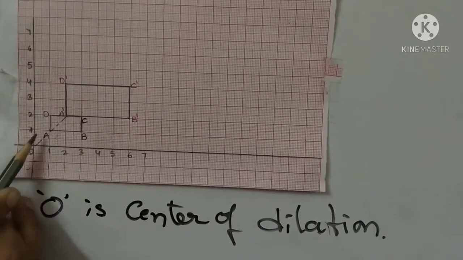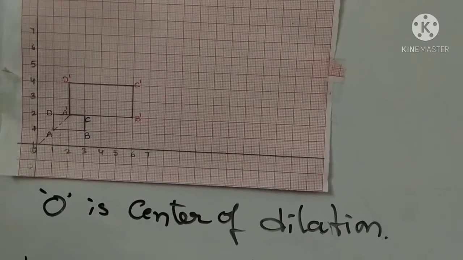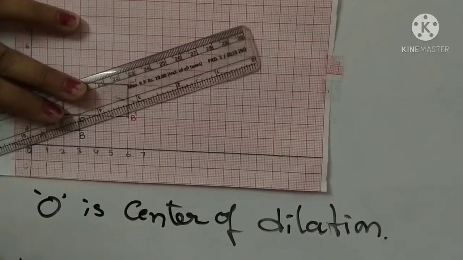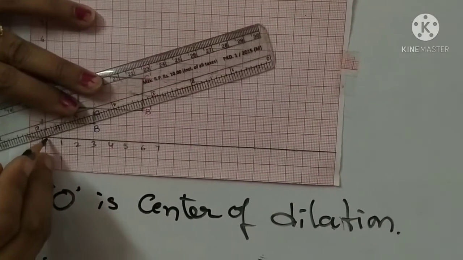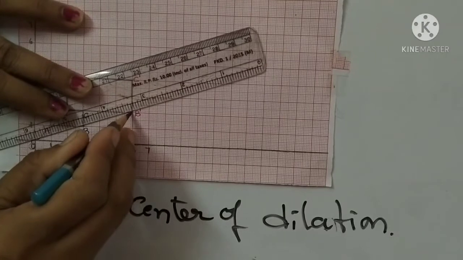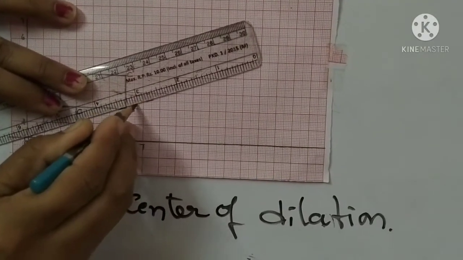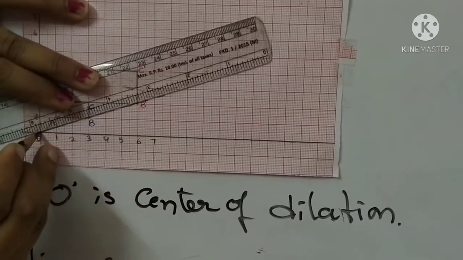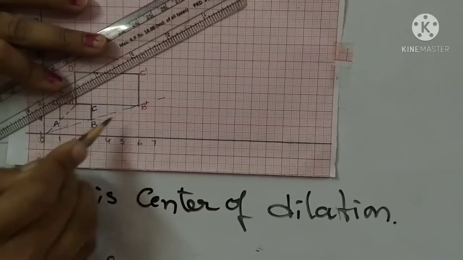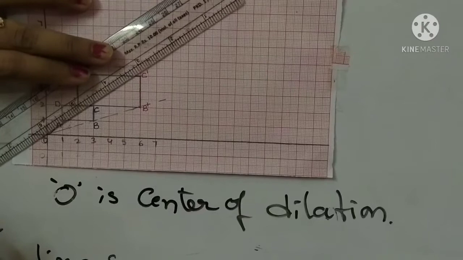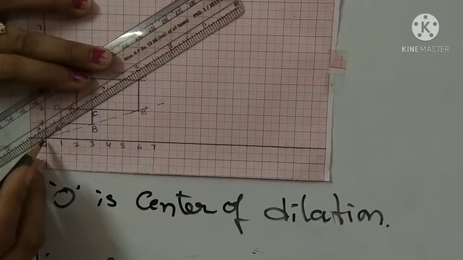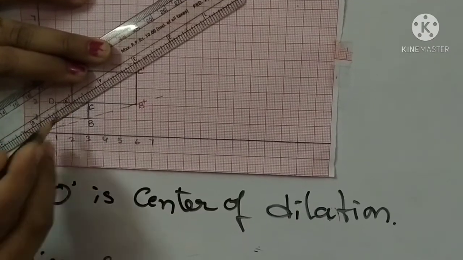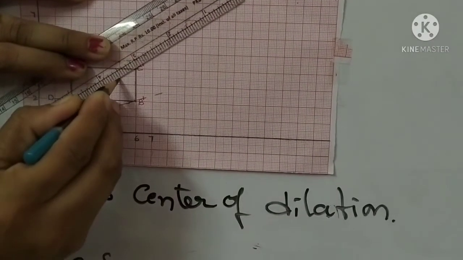Next join O to B and B dash, and at the same time C: OC and C dash.